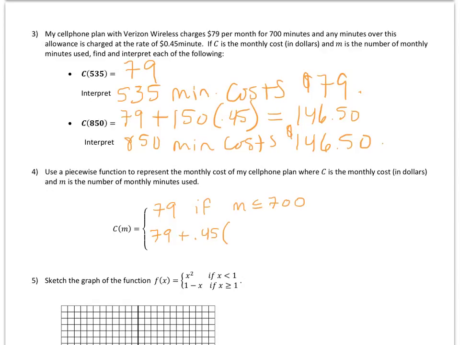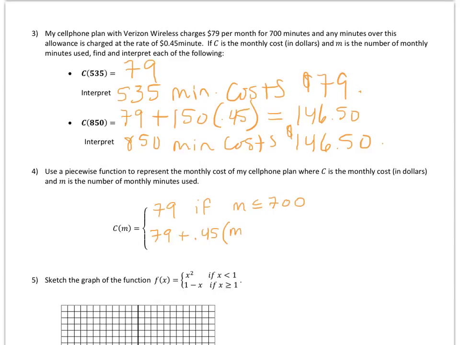So if M is representing the total minutes I talk, I have to take that, subtract the 700 I already paid for, and then do 45 cents per minute on the amount over 700. So that's my formula if M is bigger than 700.